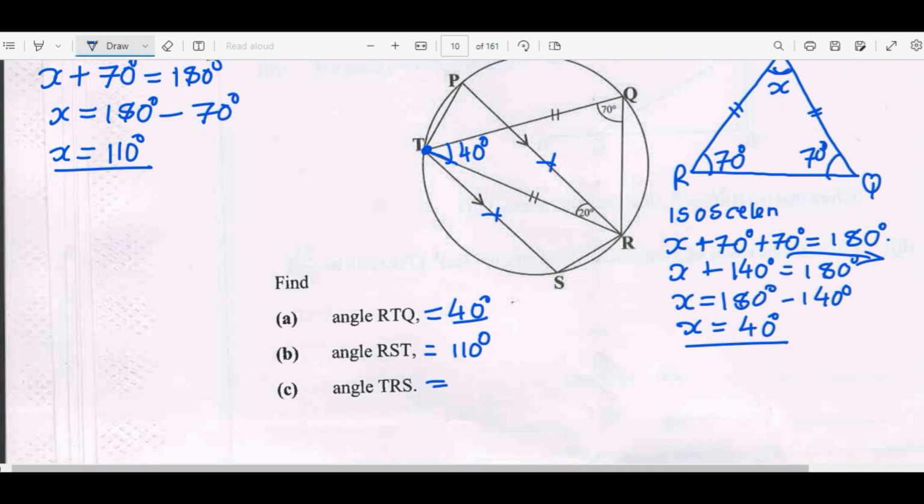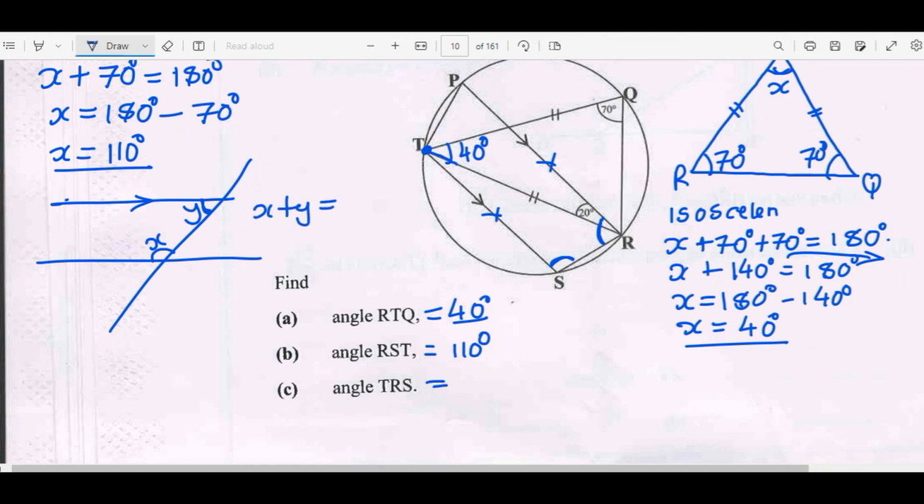If these two lines are parallel, the angle here plus the angle here must add up to 180. Let me see if I can redraw. It's like this. Let's say this is angle x, then angle y. So x plus y must add up to 180. That's the concept that we are going to use since these two lines are parallel.